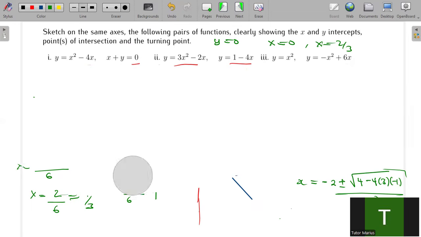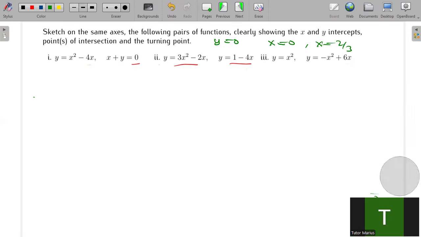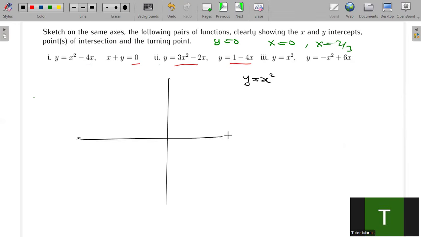Let's do the last question, which involves two quadratic functions. So you have y equal to x squared. That's just a parabola, a standard form really. It's going to look like that, because whatever value you put in, if I put in 1, 1 squared gives me 1.